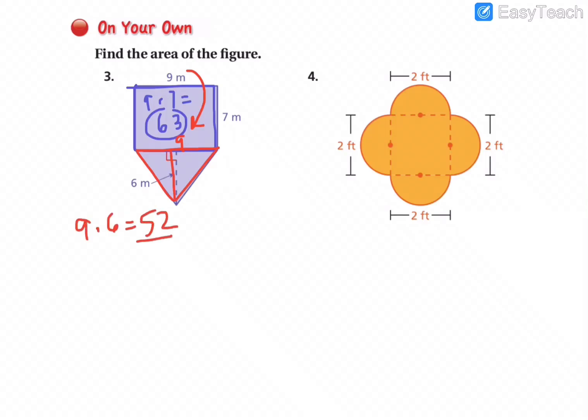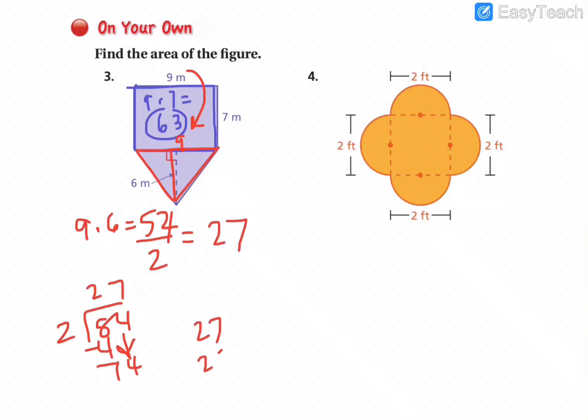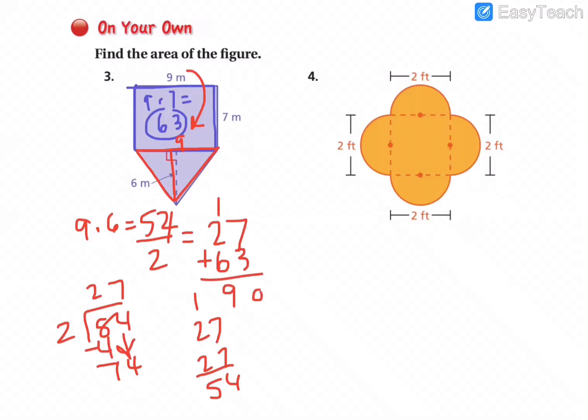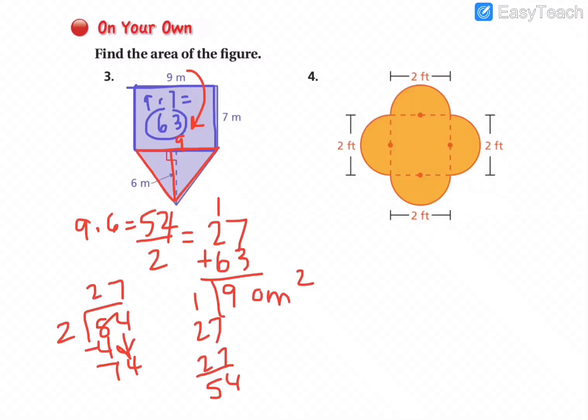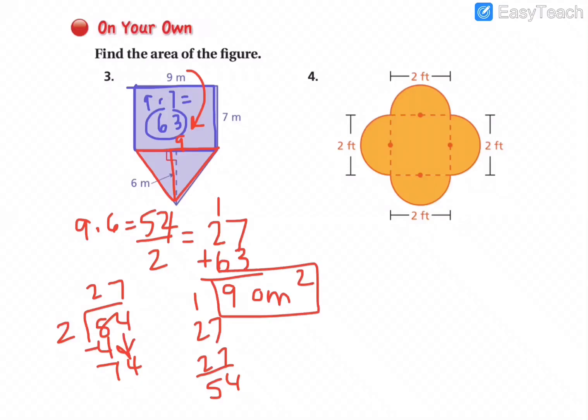But then, 54 divided by 2 is 27. Is that right? 27 and 27. Yeah, that's right. Okay, so the 27 plus the 63 gives us 90 meters squared. That was for number 3.